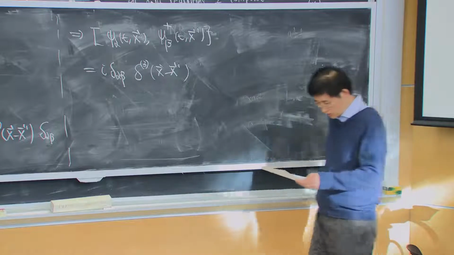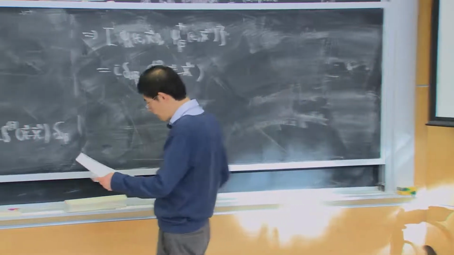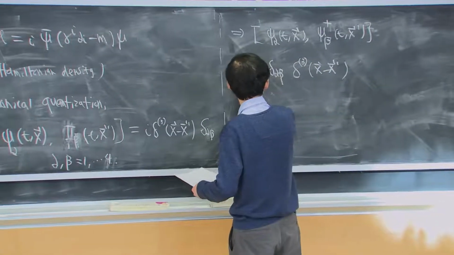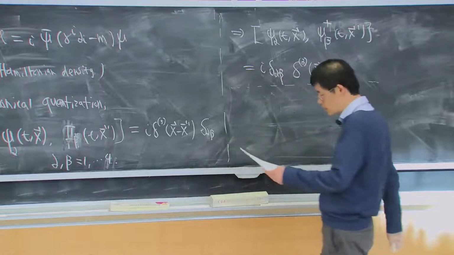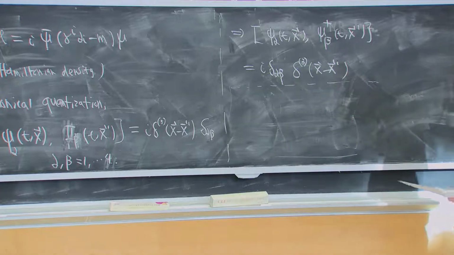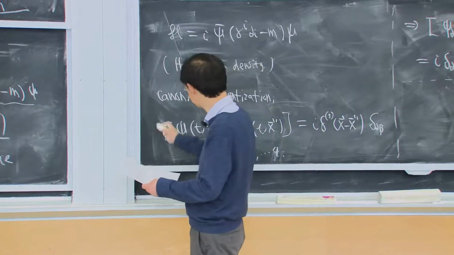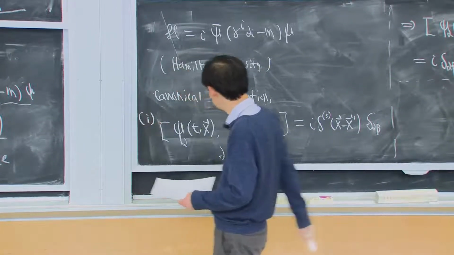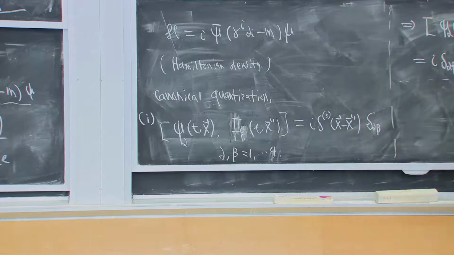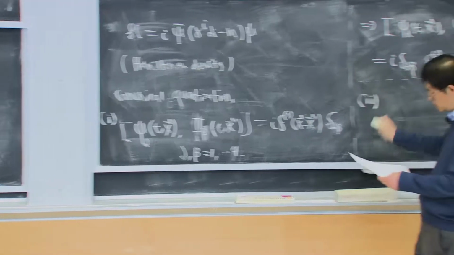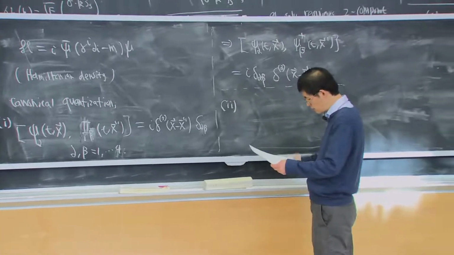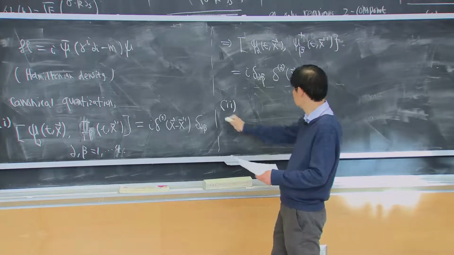And so we can now expand psi(x) in terms of a complete set of solutions. So this is the first step of the quantization, the commutation relation. The second step: remember we can expand the psi in terms of the complete basis of classical solutions.